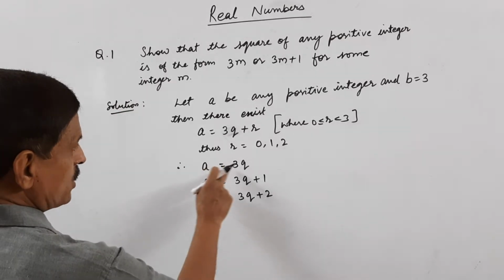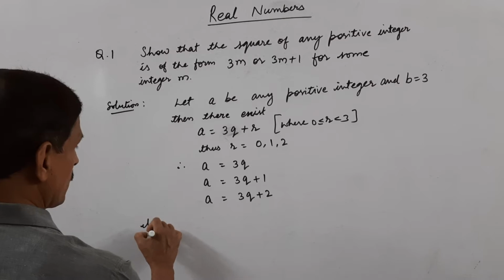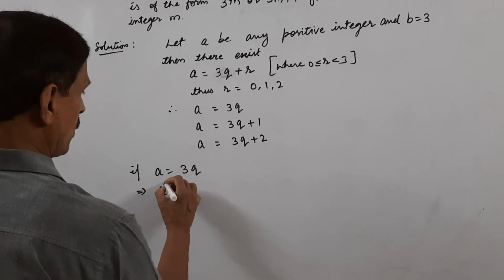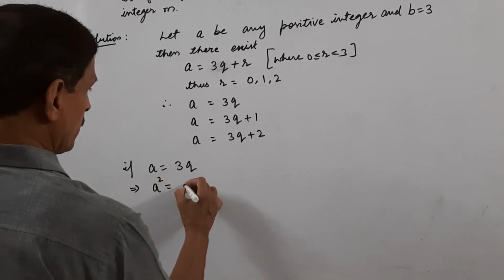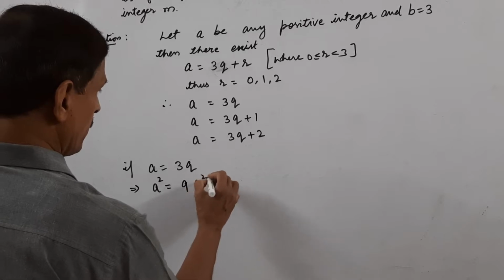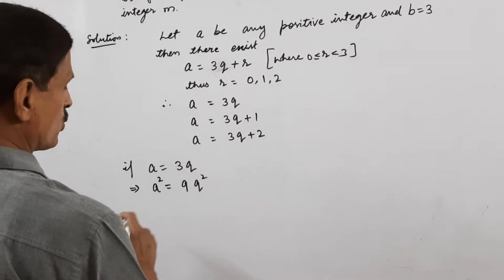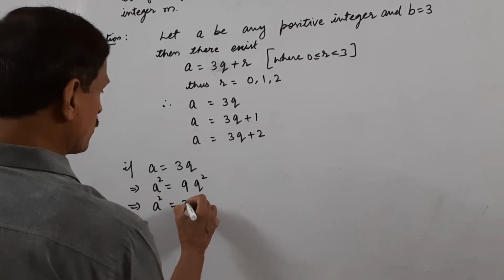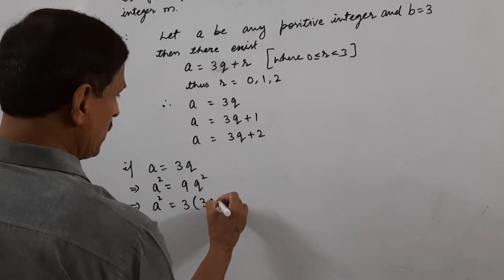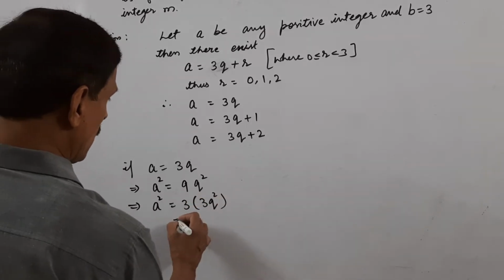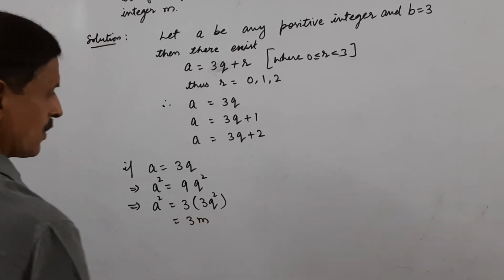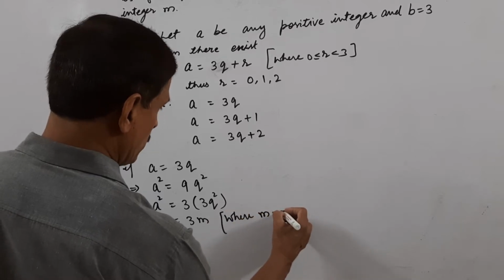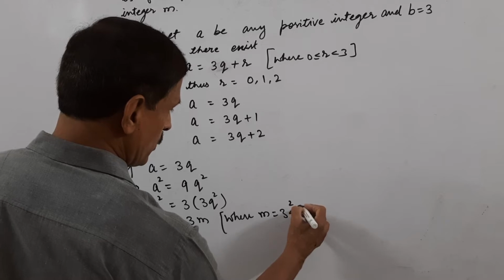We consider a is equal to thrice of q. If a is equal to 3 times of q, taking the square on both sides implies a square is equal to 9q square, which further implies a square is equal to 3 multiplied by 3 times of q square, or that is equal to 3 times of m, where m is equal to 3 times of q square.